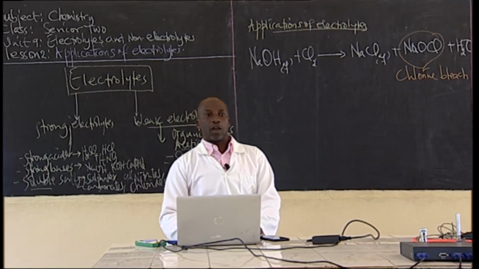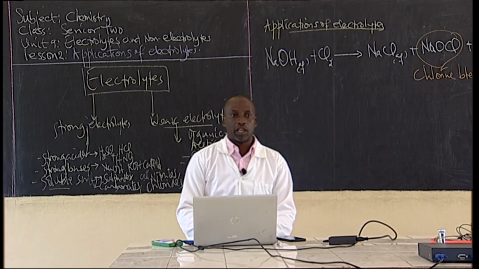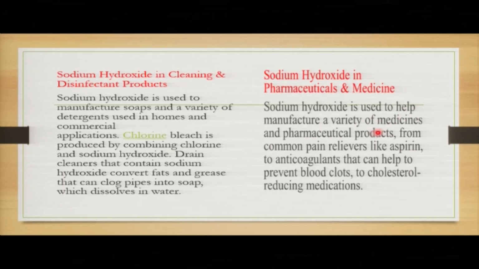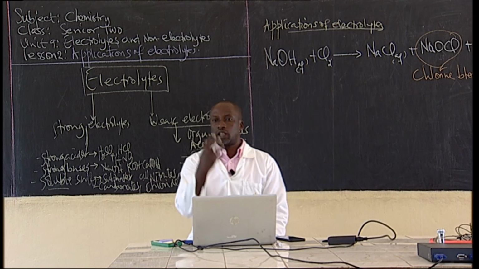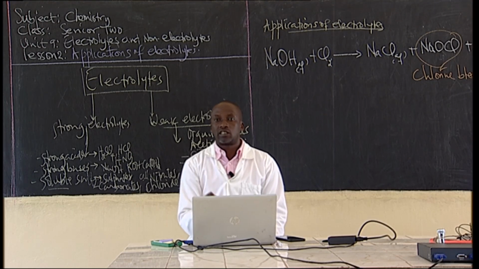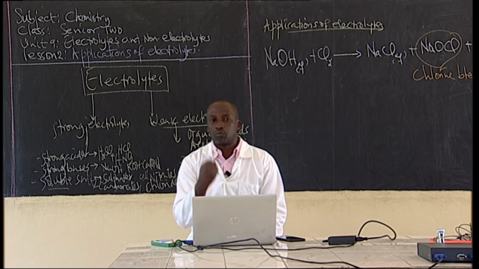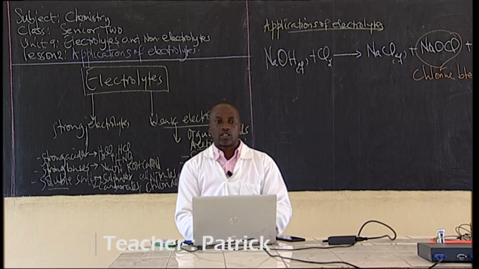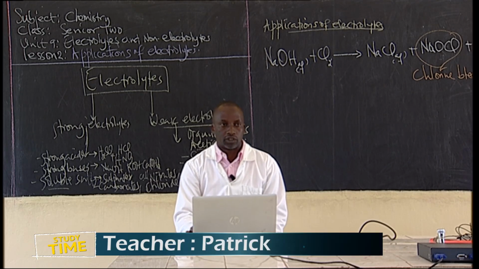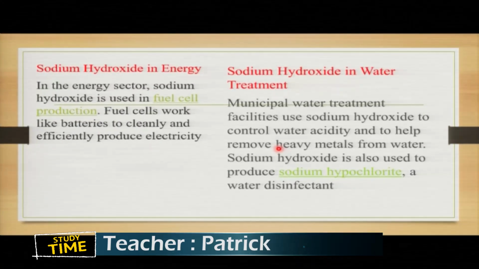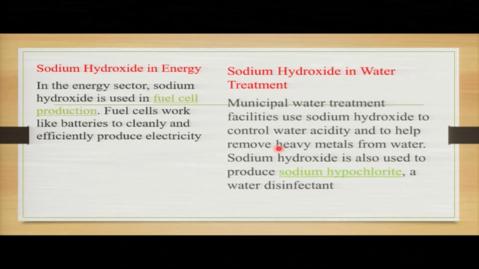We have sodium hydroxide in pharmaceuticals and medicine, in the manufacture of a variety of medicines, among them pain relievers like aspirin, anticoagulants, which are the ones that prevent blood clotting, and cholesterol-reducing medications, that is, reducing the high content of fats in the body.